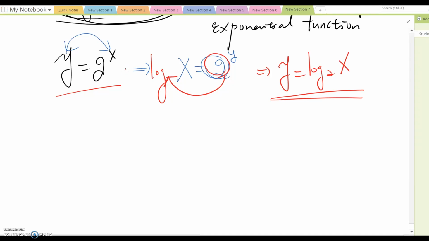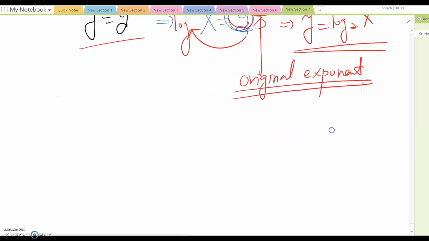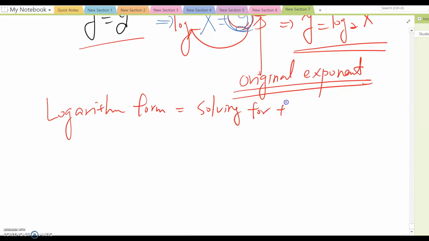Okay, now look carefully. This y is actually the original exponent, right? So therefore logarithm form means solving for the exponent. They have the same meaning here.